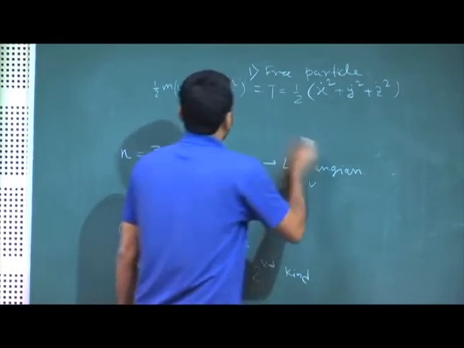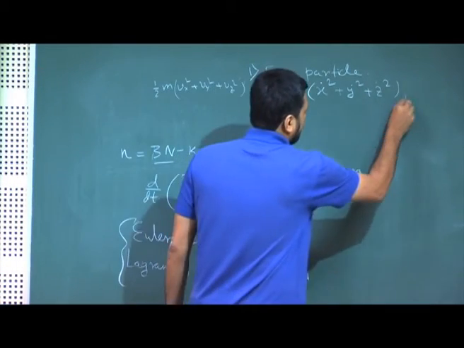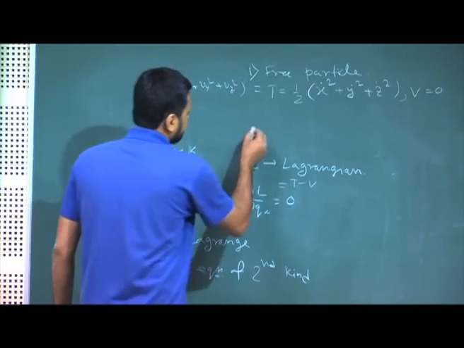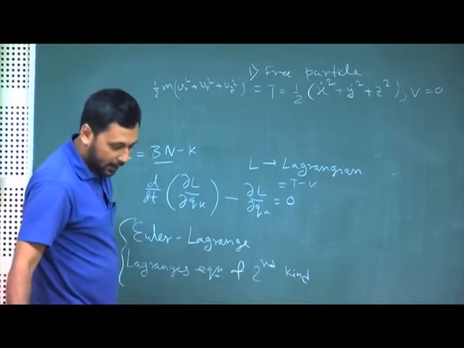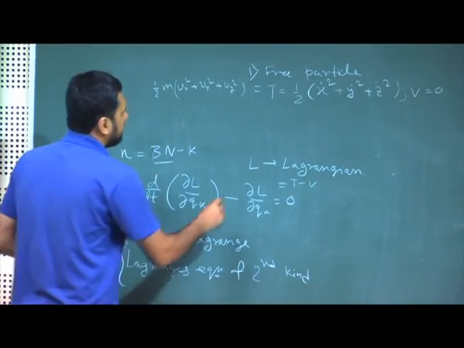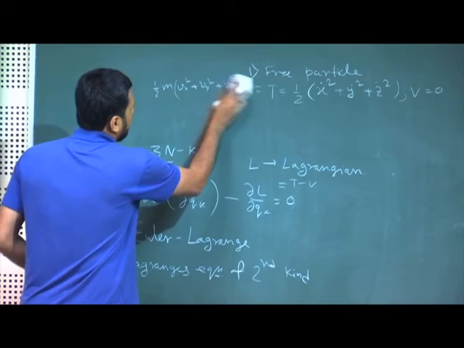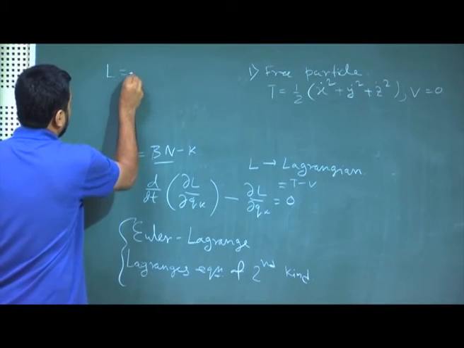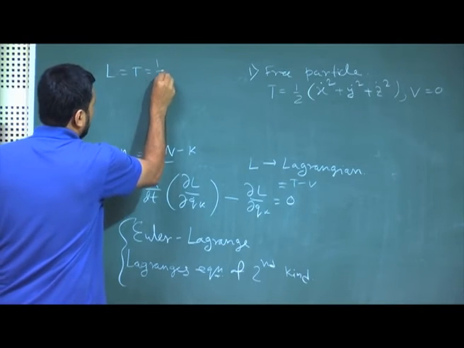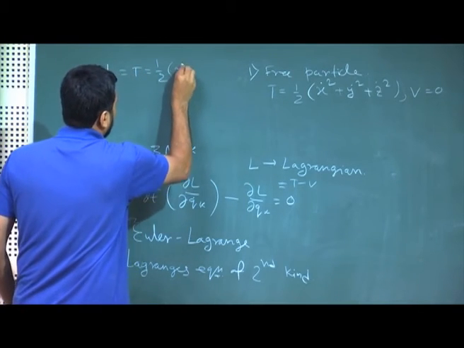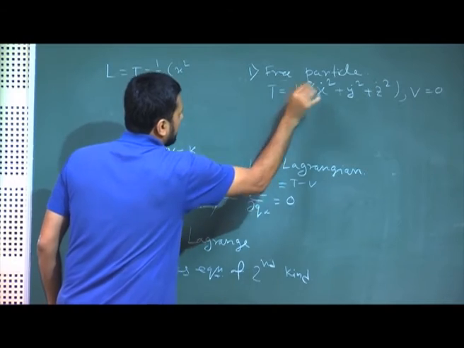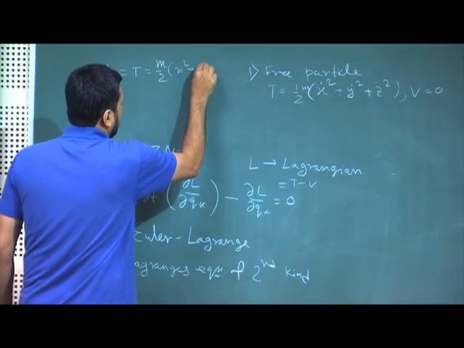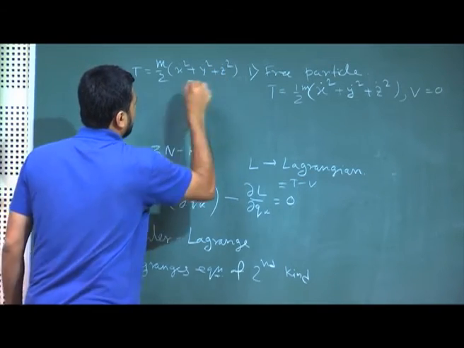And your potential energy V is equal to 0 for a free particle. So, if I start by writing my Lagrangian, T minus V will be exactly equal to T, which is half m, for a free particle of mass m, times x dot square plus y dot square plus z dot square.